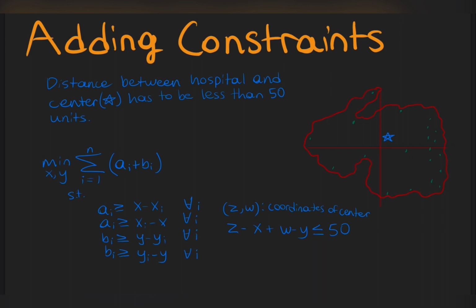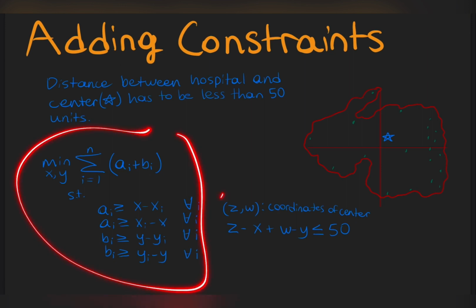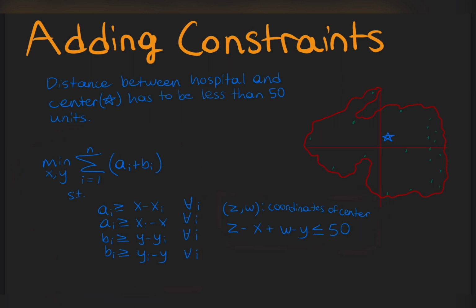How do we represent that constraint mathematically? This is our formulation, and this is our constraint expressed mathematically. Let's call the coordinates of the center z, w. Z is the x coordinate, w is the y coordinate for the center. And let's talk about how I even got this center. The center is not always going to be the origin because your city might not necessarily be at the origin.